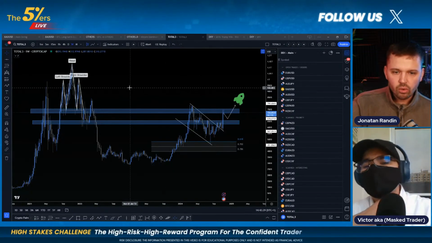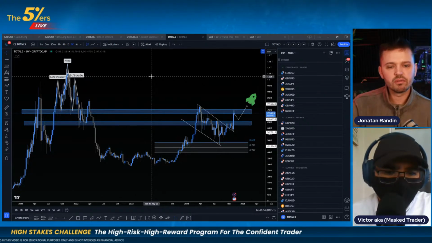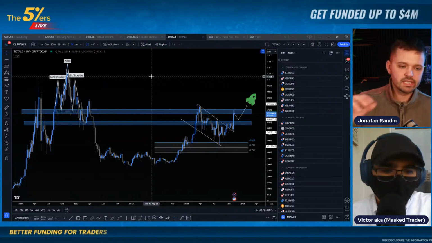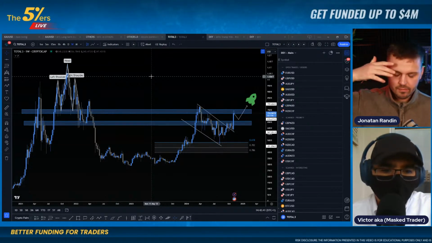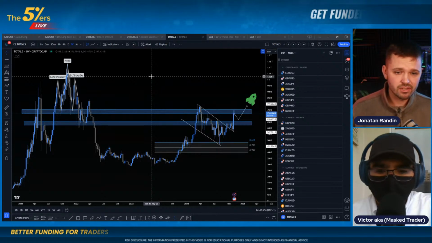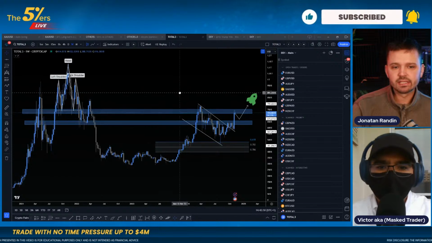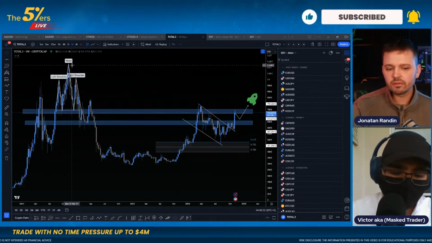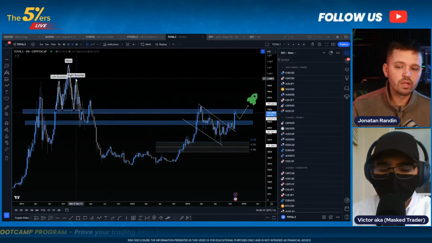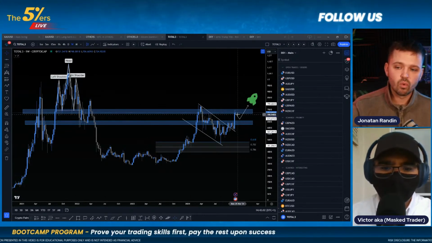If we look at Total 3, this is a chart that gives us the market cap of the crypto market excluding the top 3, which in this case, I believe, is Bitcoin, Ethereum, and perhaps XRP, maybe even Doge, I don't know, the third biggest one. Here you can see that at the top of 2021 we reached a market cap of above 1 trillion, and currently we're at 724 trillion.